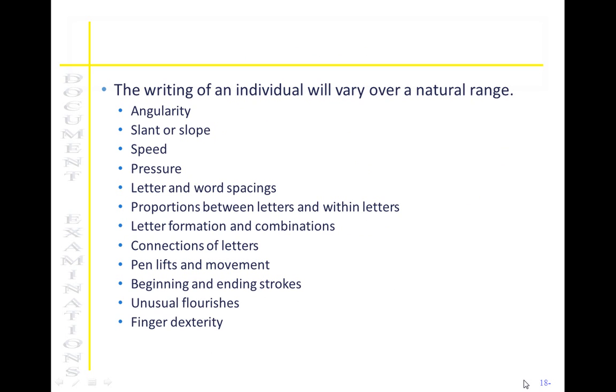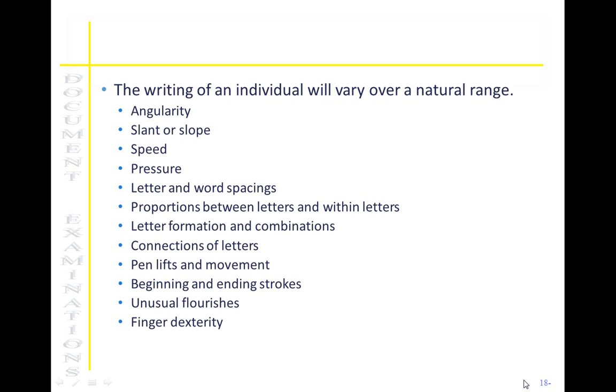There are a lot of different things that will be taken into consideration when you're evaluating a person's handwriting. The angularity of it, the slant and slope of the various letters, the speed that they might be writing with, and also the pressure that they use on the writing instrument itself. The letters and the spacing between the letters and the spacing between the words is taken into consideration.